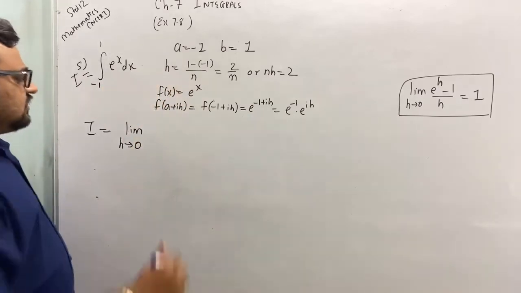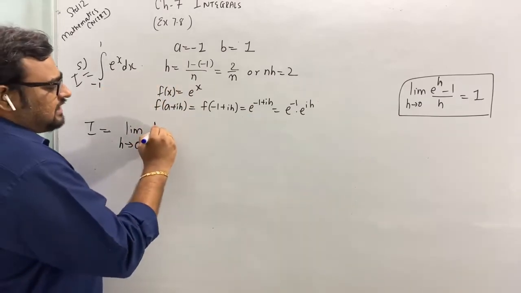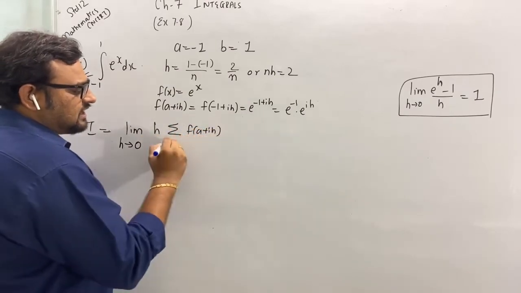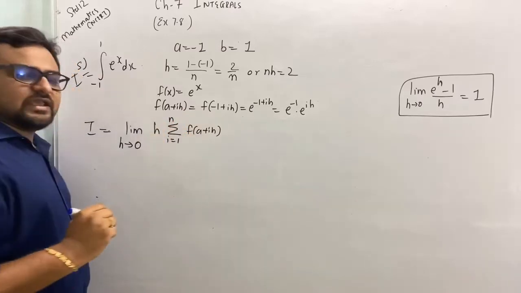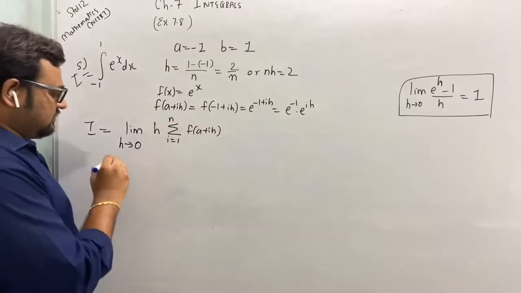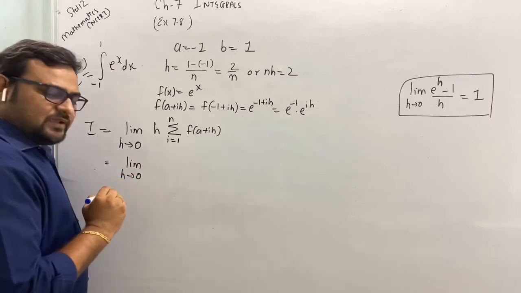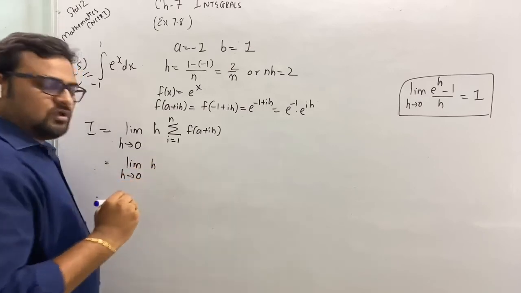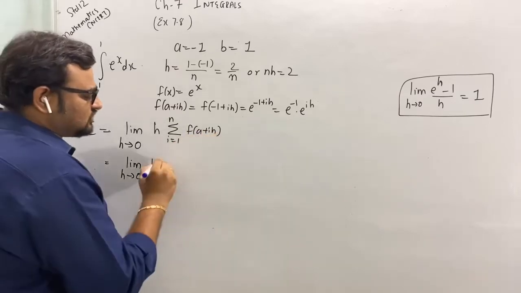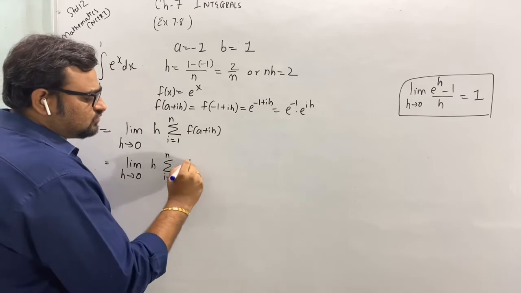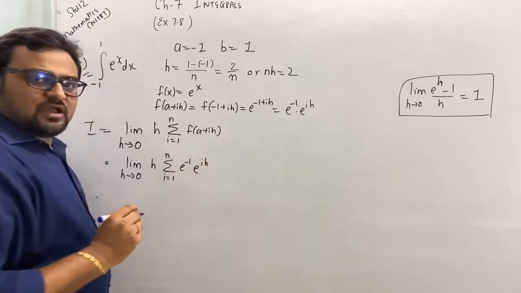Both are the same. So I is limit h tends to 0 of h times summation of f of a plus ih, i equal to 1 to n, which is e raised to minus 1 into e raised to ih.